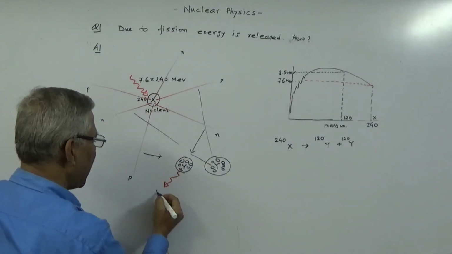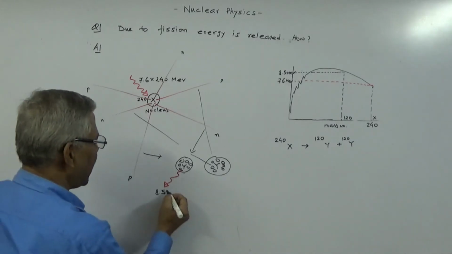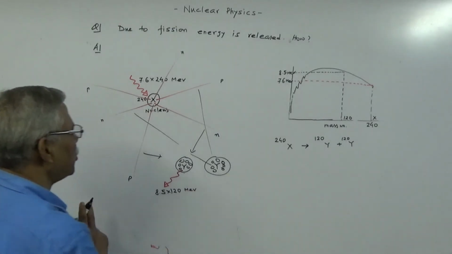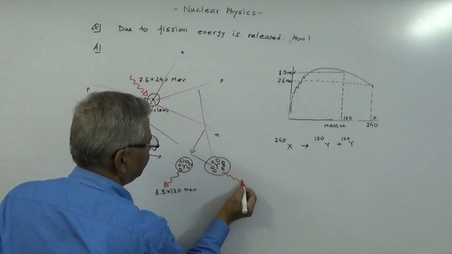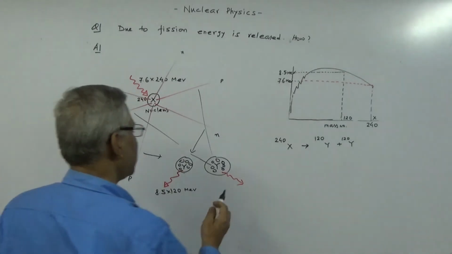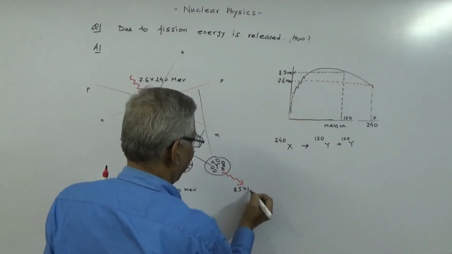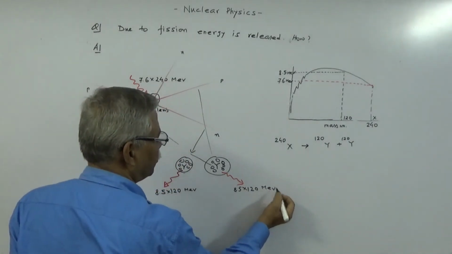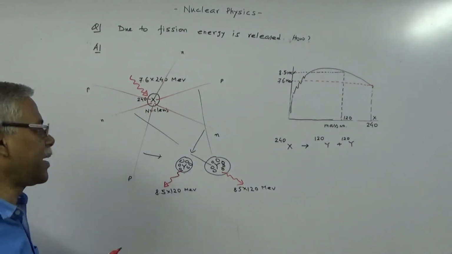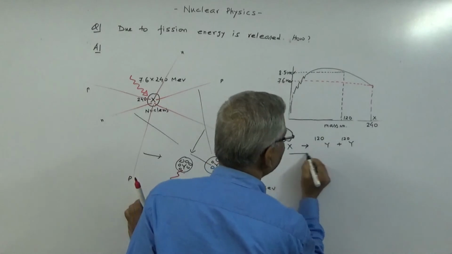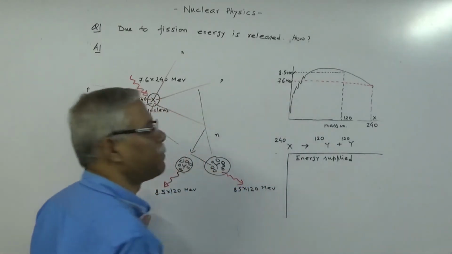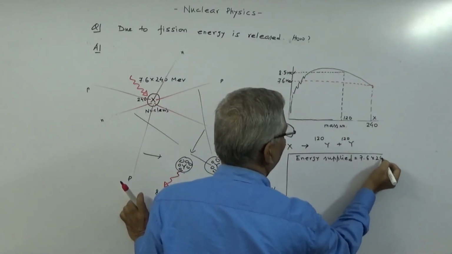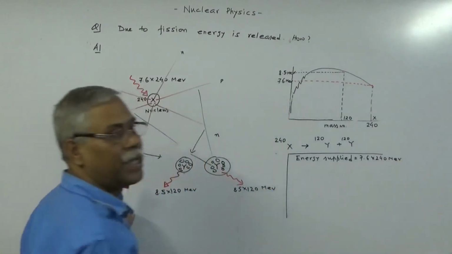8.5 per nucleon, and it has 120 nucleons in it, in MeV. And the other one will also emit 8.5 into 120 MeV. Now we'll do the net calculation. Energy supplied equals 7.6 into 240 MeV.